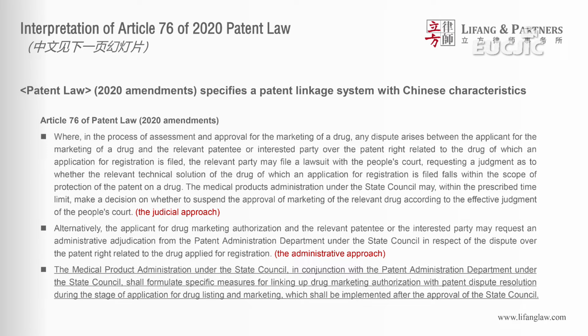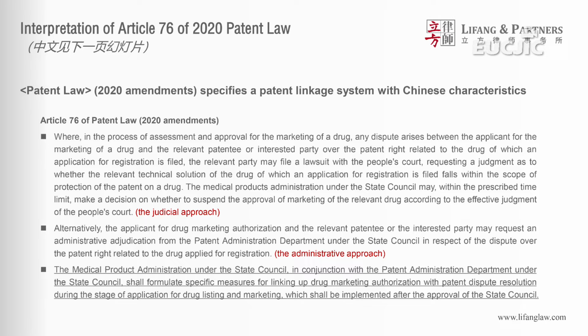So China, with such a desire to create a patent linkage system, in the new amendment released in 2020 and effective in 2021, created a patent linkage system with so-called Chinese characteristics. I want to mention some highlights. First of all, in this Chinese patent linkage system, a generic company would not now be considered as infringing the patent.